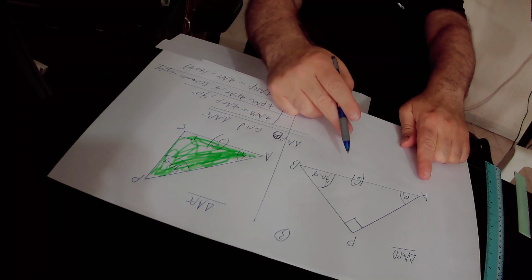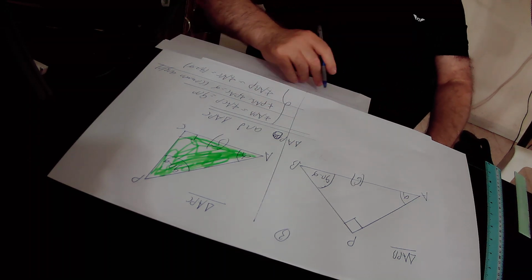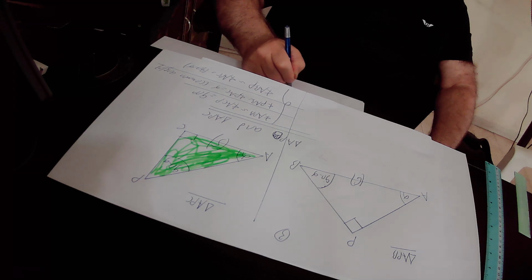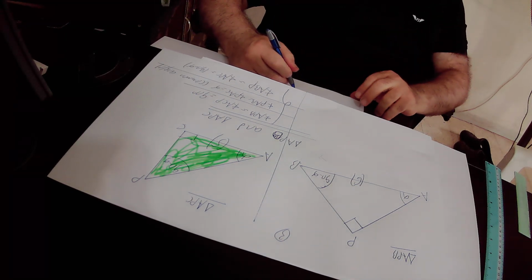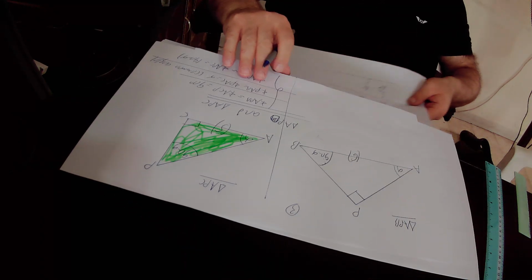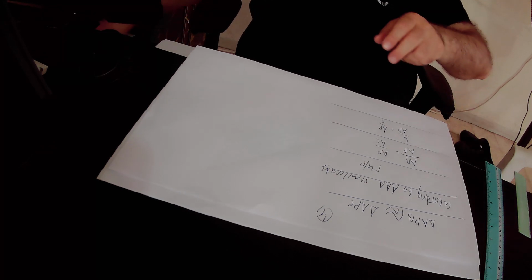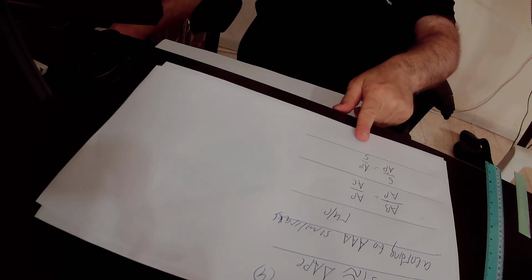AB equals 6 over AP. AP is the missing side, so we leave it as it is. And it equals AP over AC. AC is 5. So in total we actually found out that 6 over AP equals AP over 5.